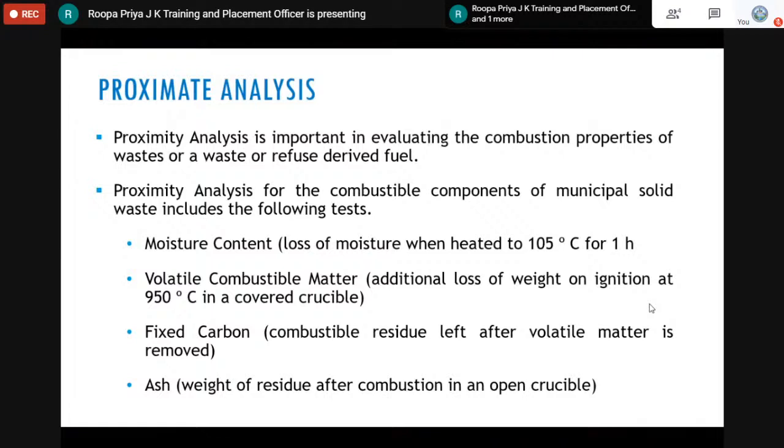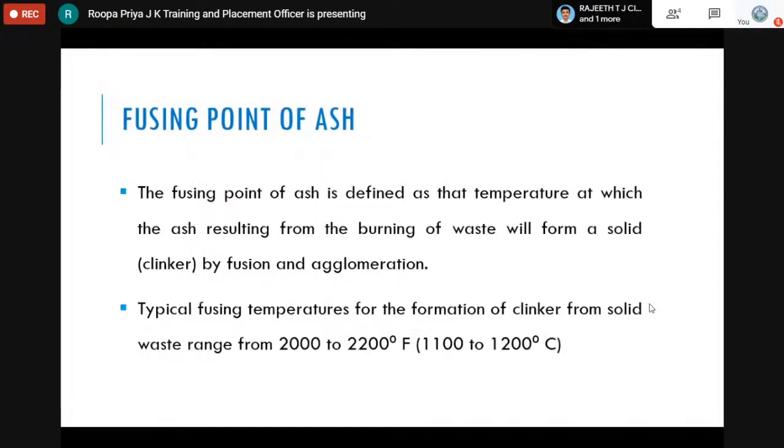Next is the volatile combustible matter, the additional loss of weight on ignition at 950 degrees centigrade in a covered crucible. The third one is fixed carbon, the combustible residue left after volatile matter is removed. The last one is ash, the weight of residue after combustion in an open crucible. This is the proximate analysis.